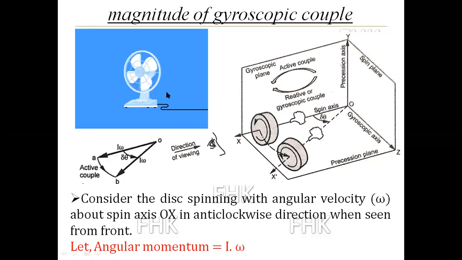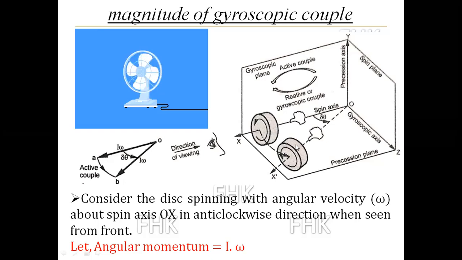The same thing you experience whenever you drive a motorbike. The wheel is spinning about the horizontal axis, and that axis is nothing but the spindle of the wheel. If you are taking a left turn or right turn, that is nothing but precession. So you experience that gyroscopic couple while taking a turn on the motorbike.